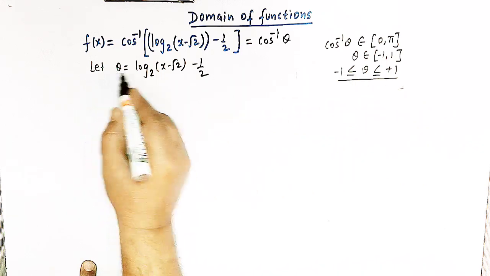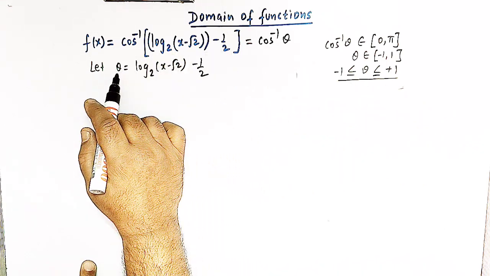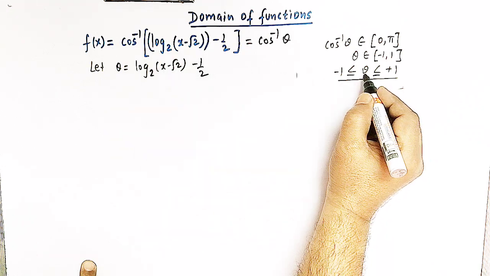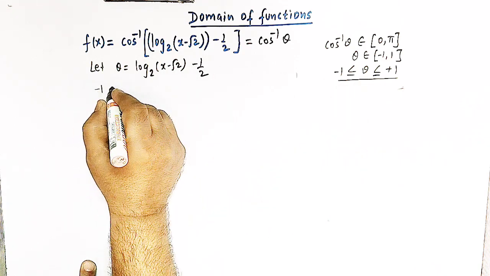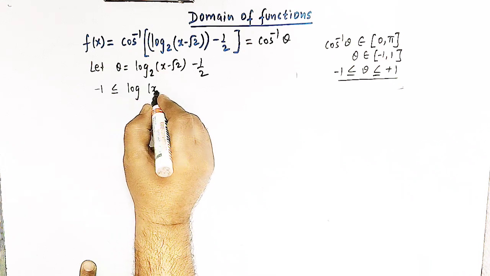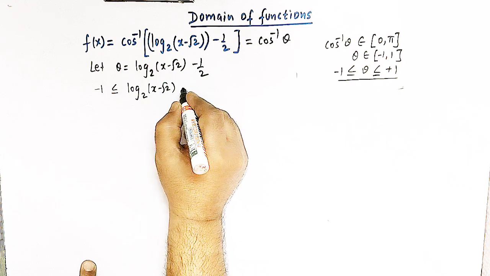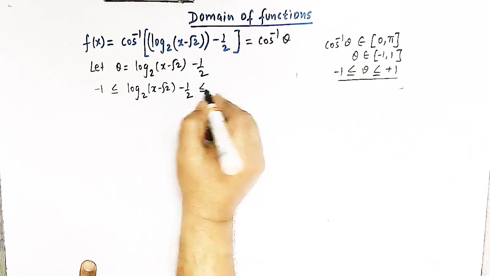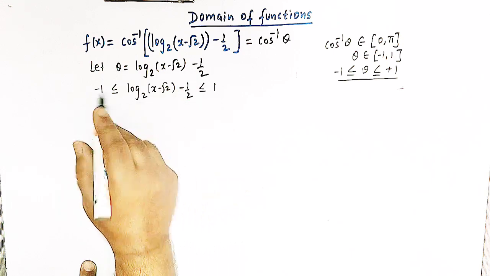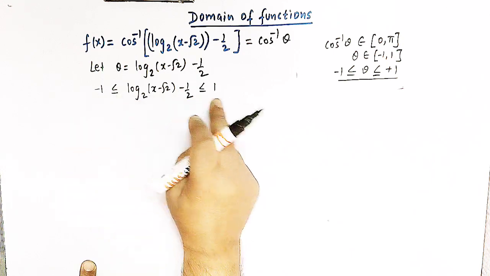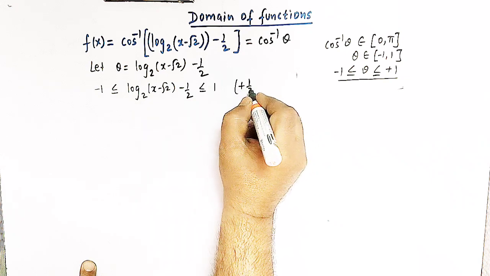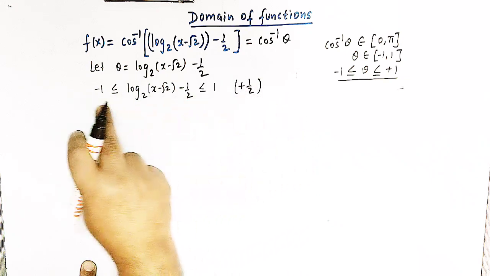Here we have this expression equal to theta, so let us substitute this value of theta in the inequality. We have minus 1, here we have log of x minus root 2 to the base 2 minus half, and here we have plus 1. Let us solve this inequality. Let us add half throughout.